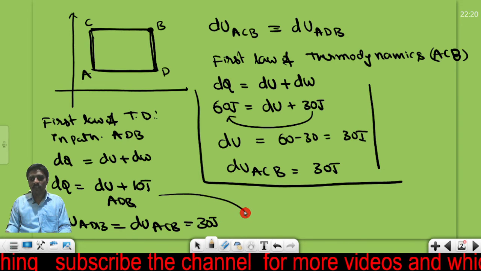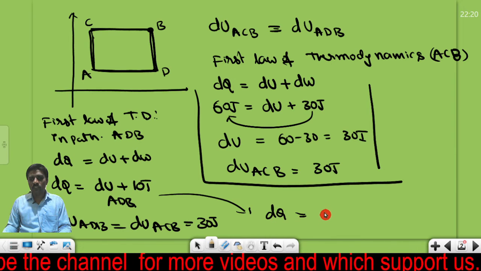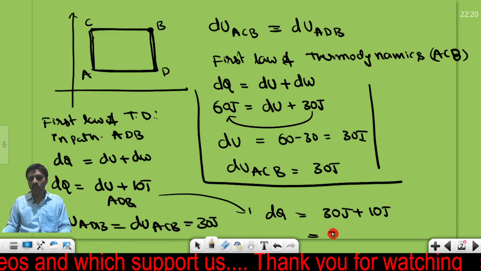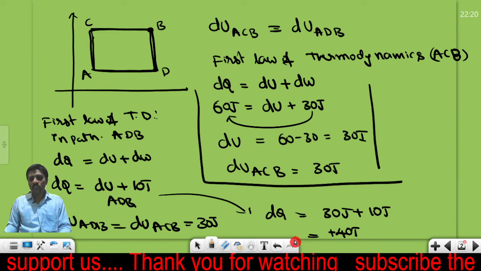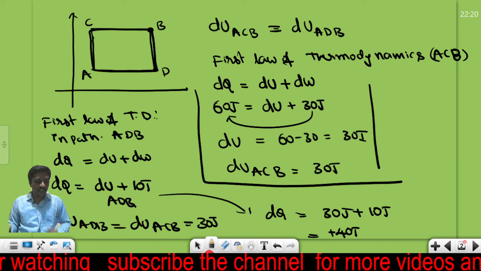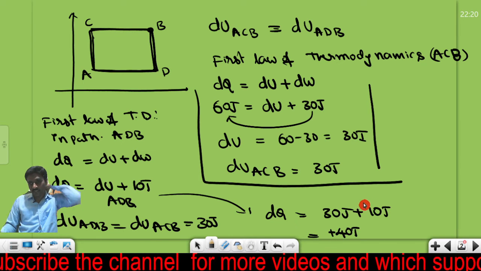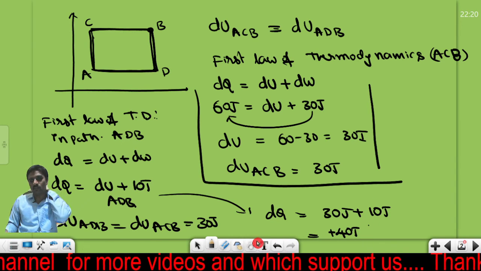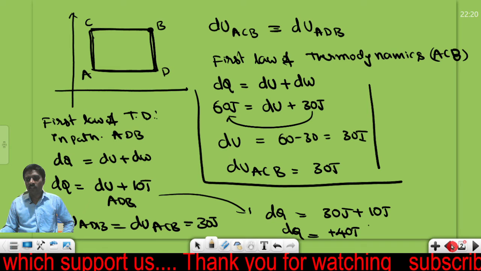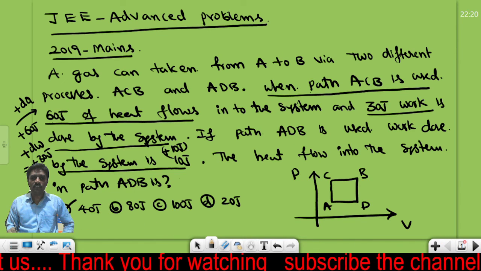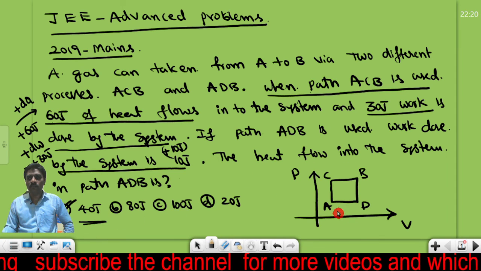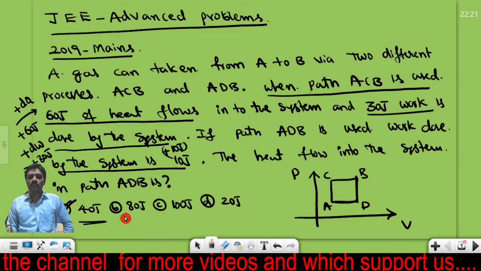Then dQ is equal to 30 joule plus 10 joule, that is plus 40 joule. This plus indicates that this much heat can be supplied to the system. So 40 joule of heat flows into the system. Then what is the correct option? A is the correct option, 40 joule of heat flows into the system in the path ADB. So that is the answer.